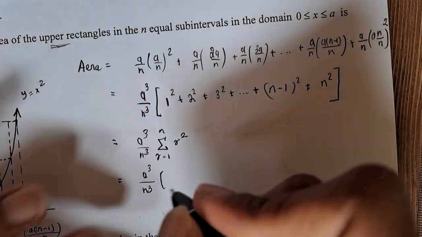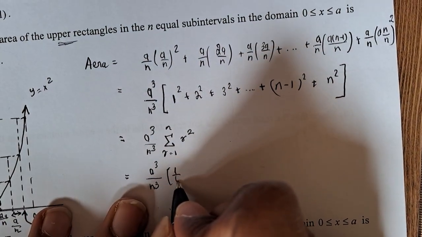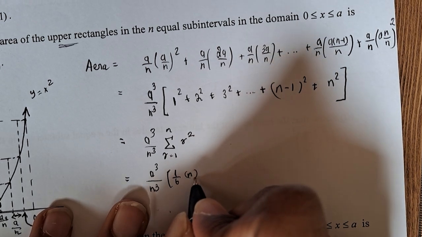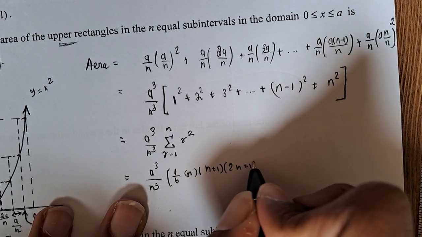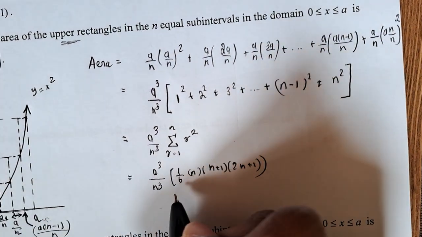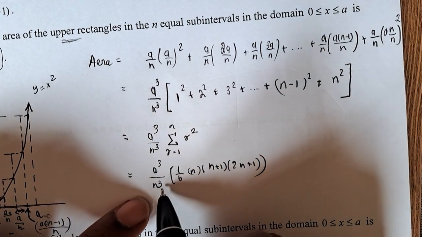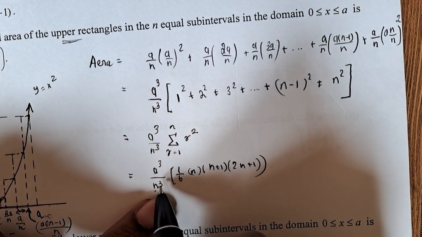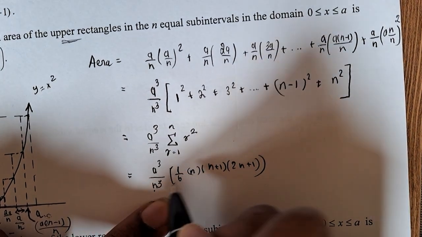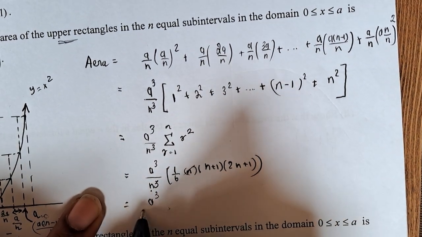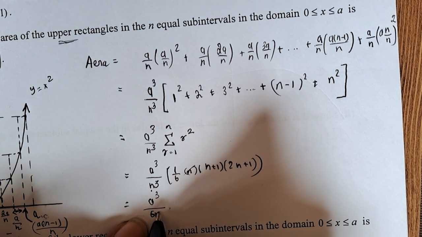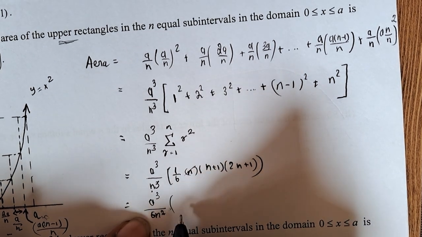So when you write here 1 on 6, n plus 1 and 2n plus 1, you do notice that this 6 can come down here, and this n cubed gets cancelled with this n very easily. Easy to spot. So then that becomes a cubed on 6n squared, right here.